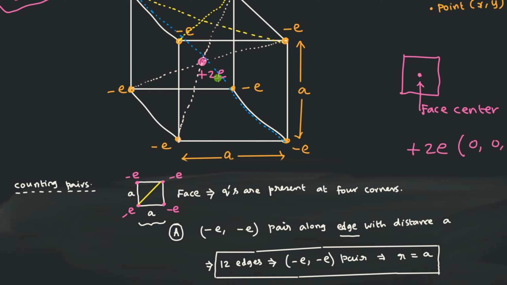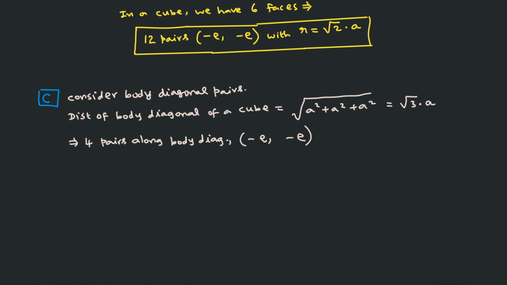So without considering the plus 2e charge, we are writing all possibilities. So that is why I am every time writing minus e comma minus e. So 4 pairs are possible if you are going to consider this body diagonal, our R will be equal to square root of 3 times a. So this is the next option. So we can put a box here.